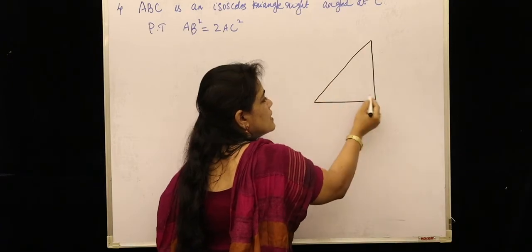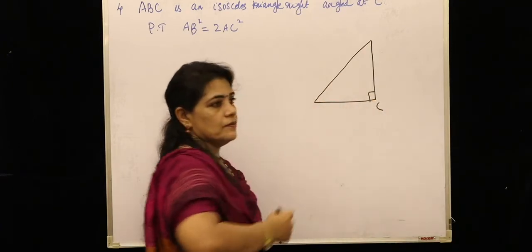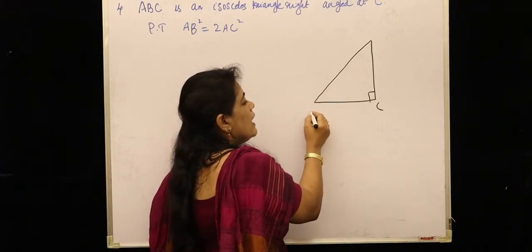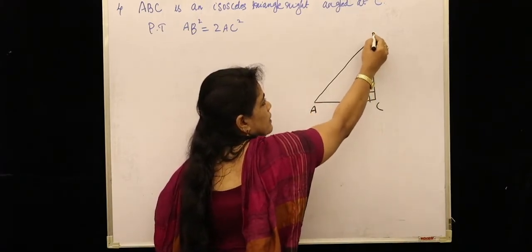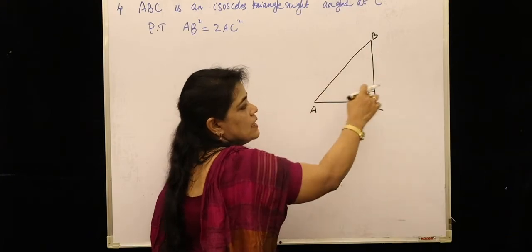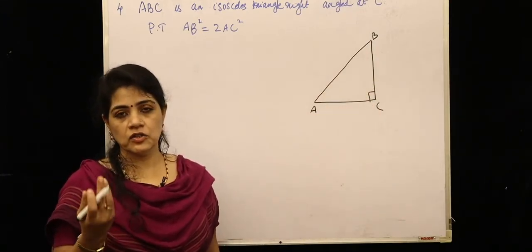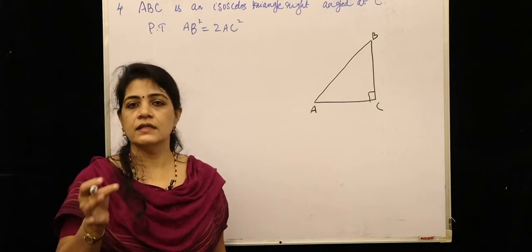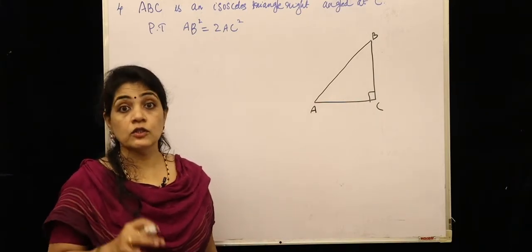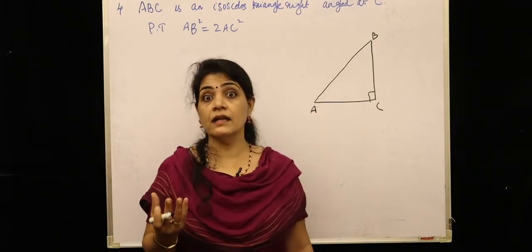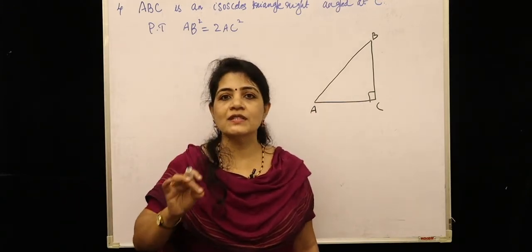Right angled at C means here comes C, the vertex C, and here A and B. So ABC is an isosceles right triangle at C. Since it is isosceles, two sides are equal, and since it is a right angled triangle, the hypotenuse is the longest side.